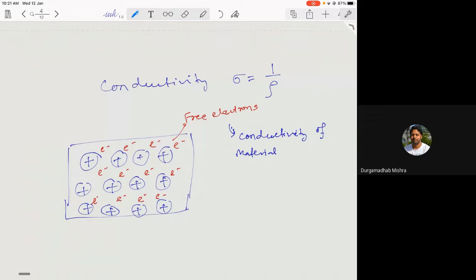So if you have these free electrons, in a metal sometimes they are considered as an electron gas, because they behave almost like gas particles when we talk about the kinetic theory of gases.